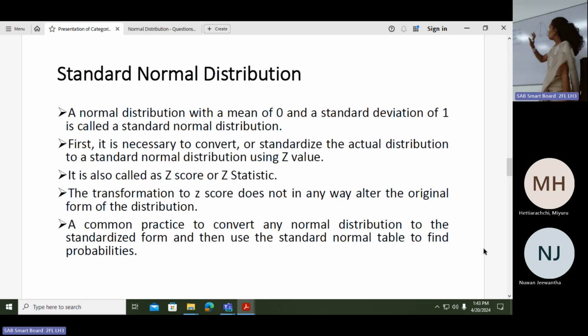But when we convert into the standard normal distribution, always our mean value is 0, variance is equal to 1. Then we want to get the z value corresponding to this x value. What is our x value in here? 7. And now we are looking at how to convert this x value to the z.